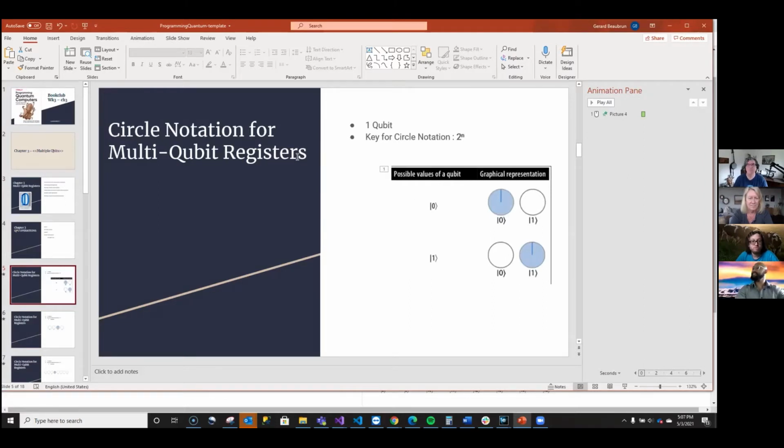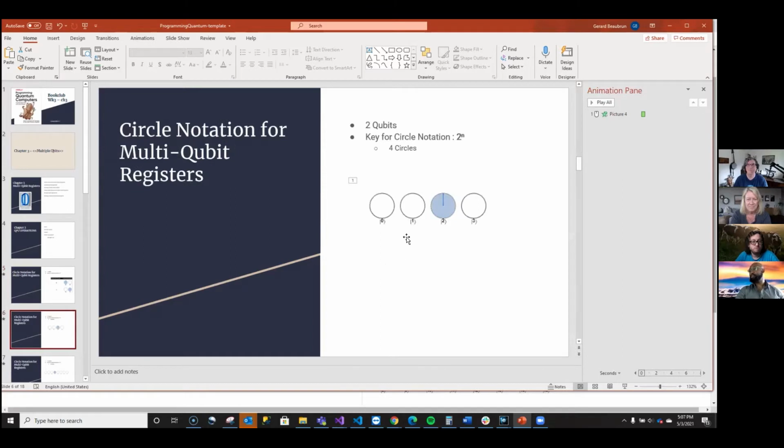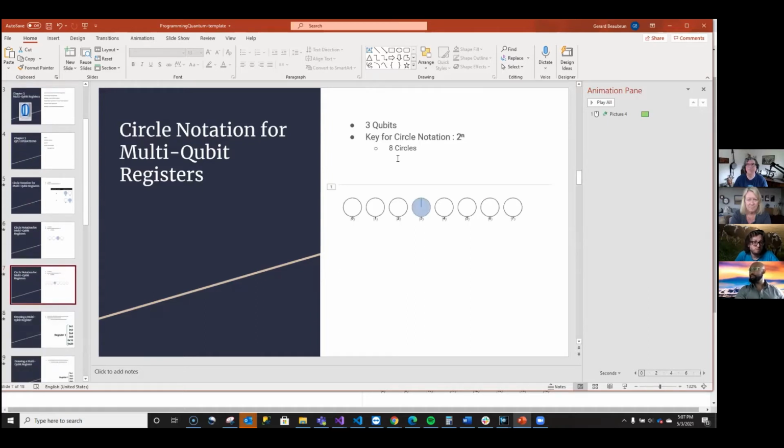But from what I understand, when it comes to multiple qubits, especially in the same register, the key for the circle notation is 2 to the power of n. Meaning, if you have 2 qubits, it's 2 to the power of 2. As far as 3 qubits, 2 to the power of 3, which would bring us to 8 circles.